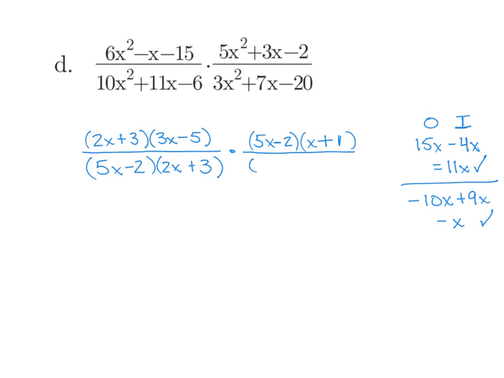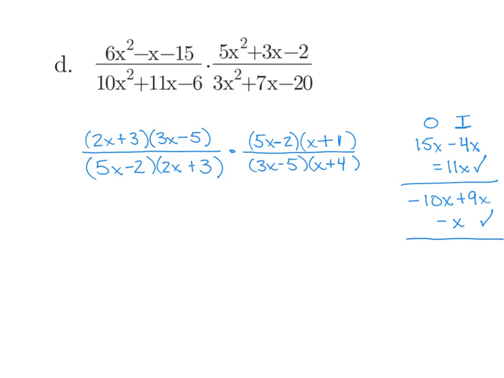So I'm going to go ahead and let 3x minus 5 be my first factor. So my second factor, we get 3x squared is 3x times x, and negative 20 is equal to negative 5 times positive 4.